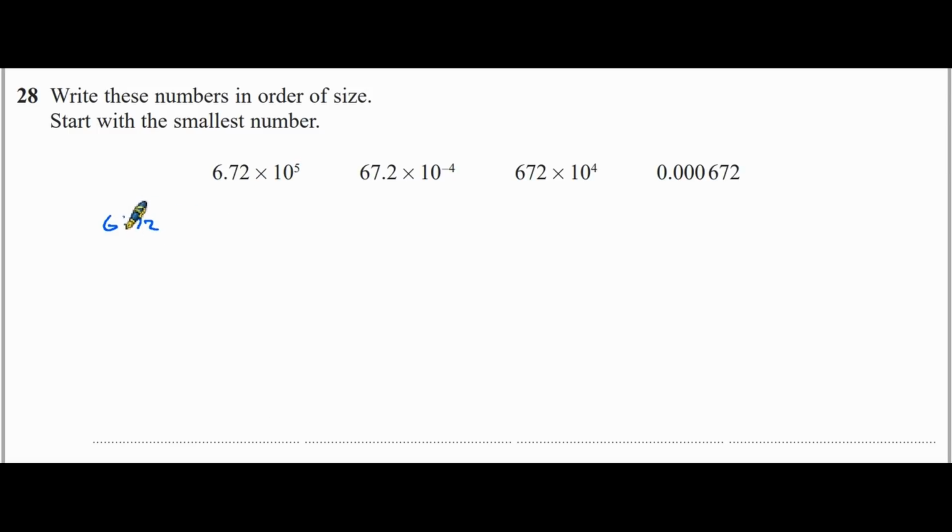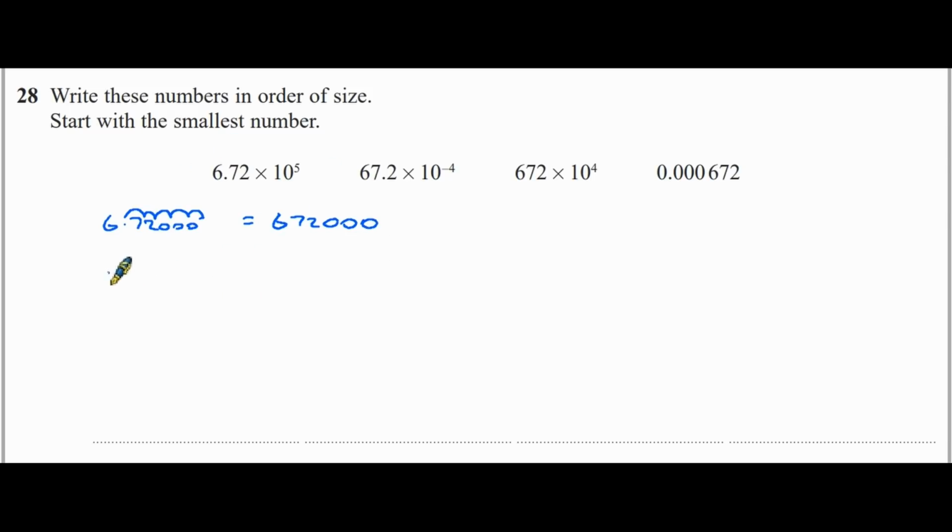It means we are going to go 1, 2, 3, 4, 5 and fill in the zeros here. So this number becomes 6720, naught, naught.